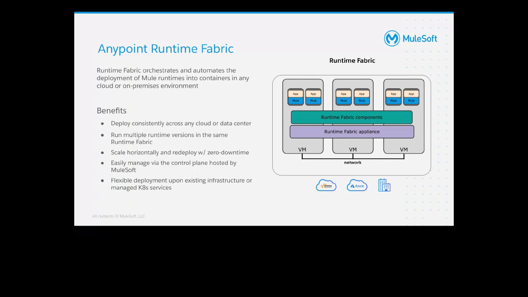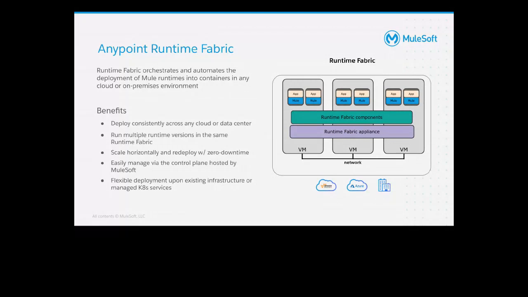Because you have multiple worker nodes, if an application fails, it can automatically be restarted on a different worker node. If you need more capacity, you can instantiate that same application multiple times over multiple worker nodes. That means that you can increase the capacity of a single application really, really fast.